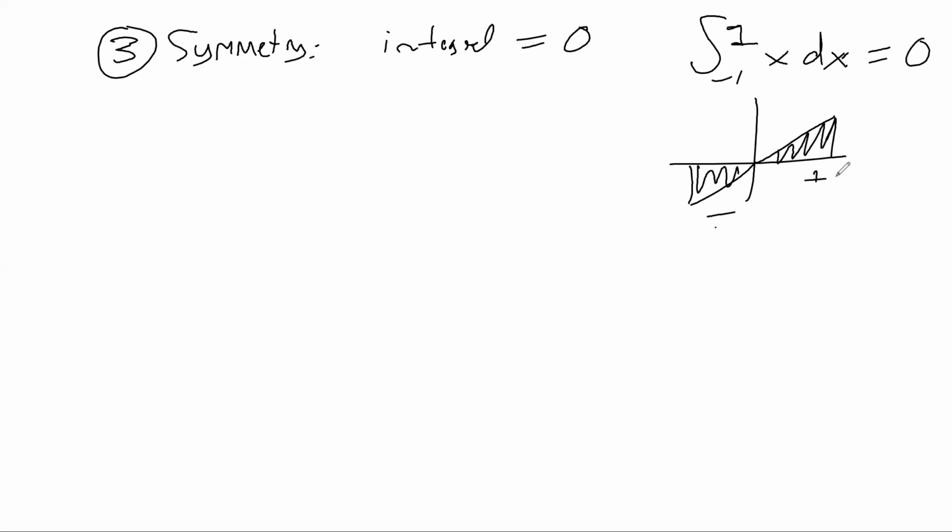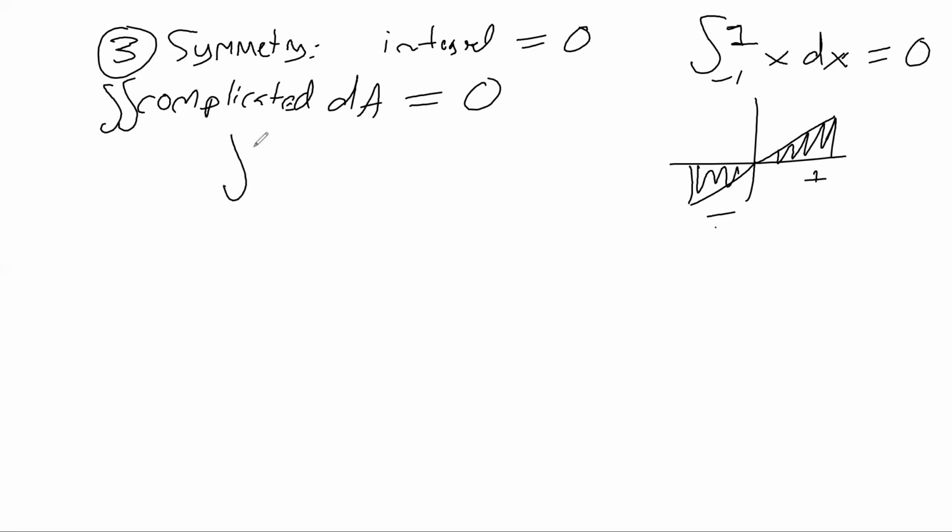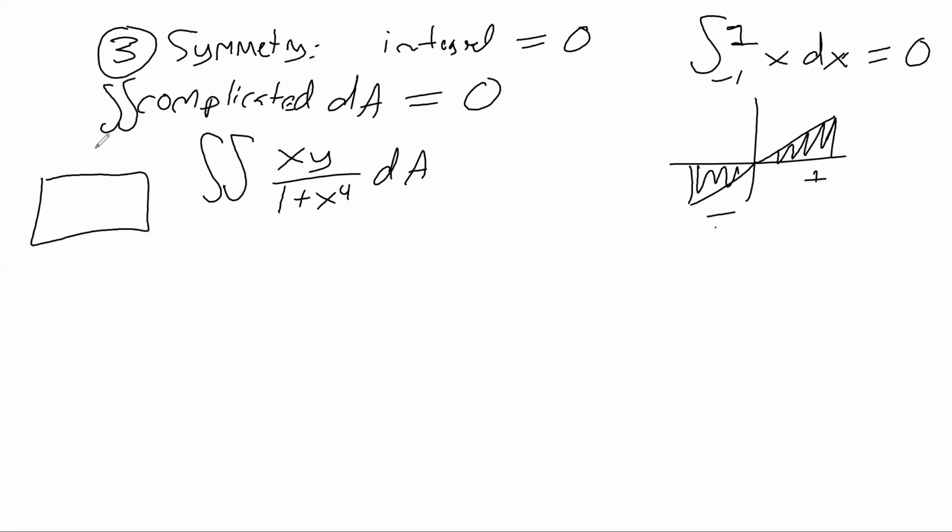Well, the same kind of thing can happen. So they might give you something really complicated, a really complicated expression, and it turns out this is actually just 0, just because of symmetry. So what about something like xy over 1 plus x to the 4th dA, and we're going to integrate it on this rectangle here.